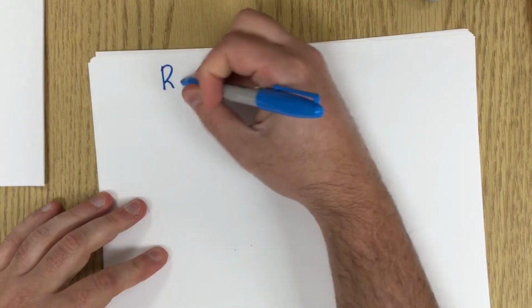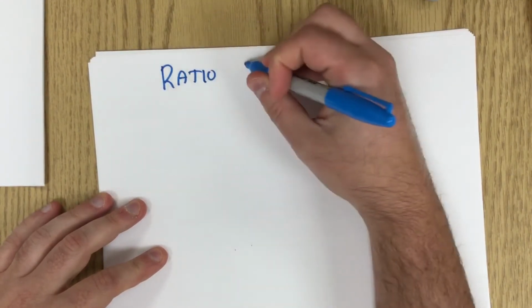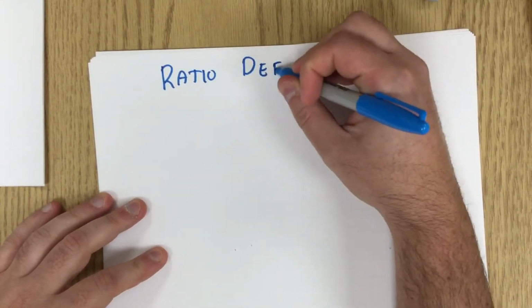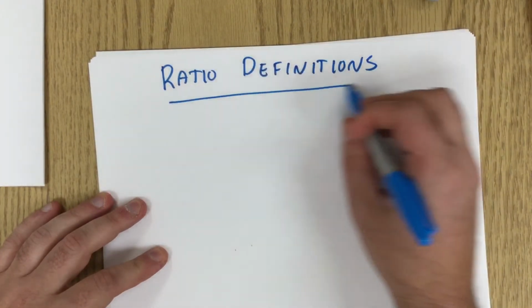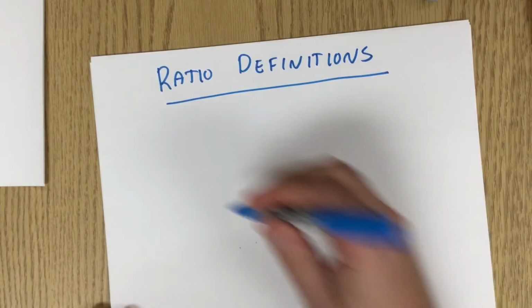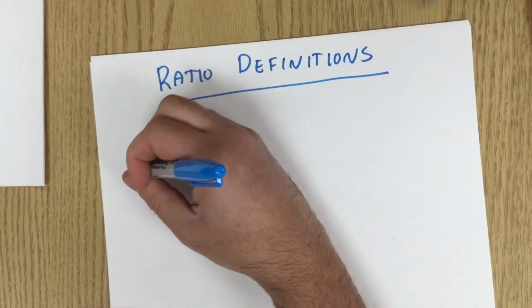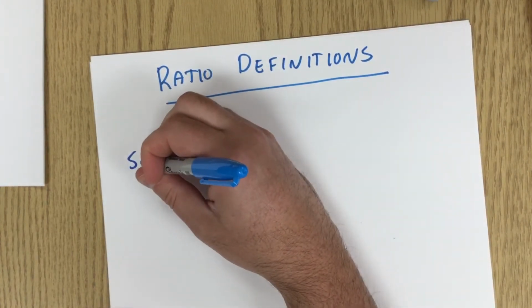Now, we're going to define some trig ratios. So we're going to have some ratio definitions. So the first one we're going to define is the sine ratio.